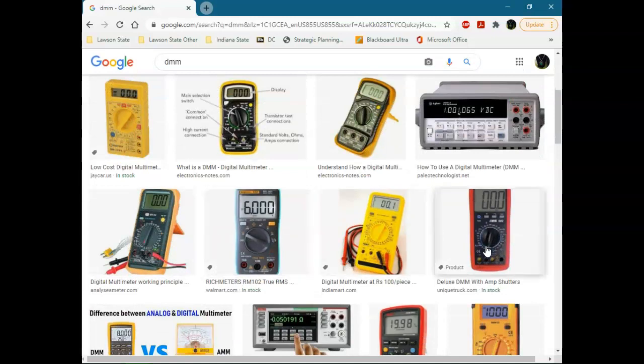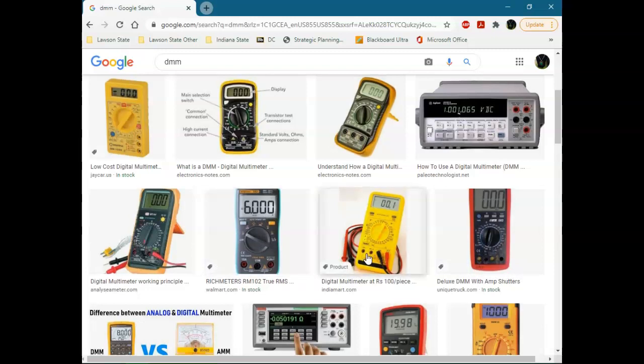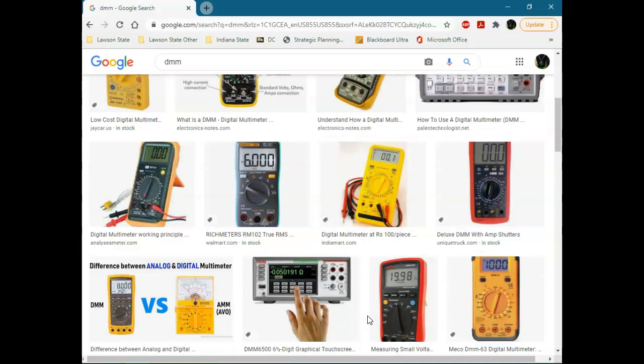Manual means that you turn the little dial as many times as it needs to get to the correct measurement you're looking for. Auto ranging is like this one right here, where you just click it over and it will automatically find the correct way to measure. What you're looking for is something that can read milli and micro amps. You also want to be able to read millivolts. Most of the other stuff comes fairly standard.